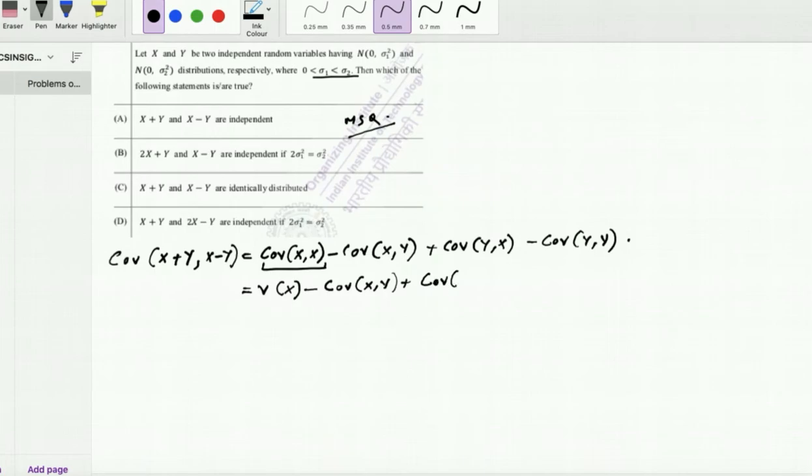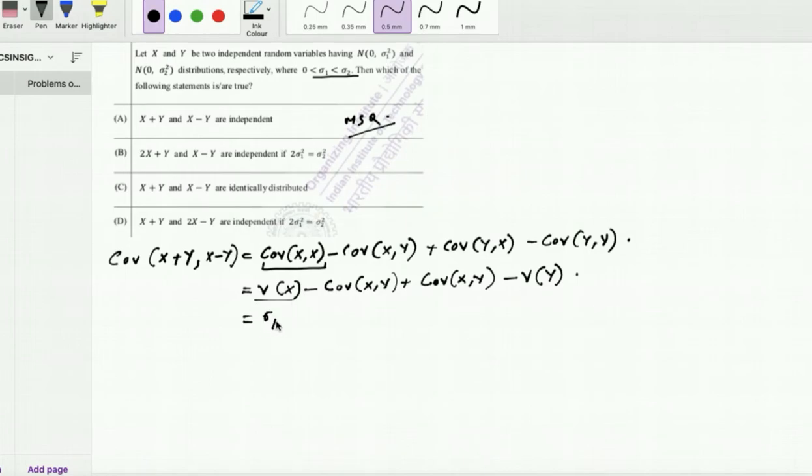We know by the property of covariance it is symmetric in its arguments, so we can write covariance of XY, and this is the variance of Y. What is the variance of X?